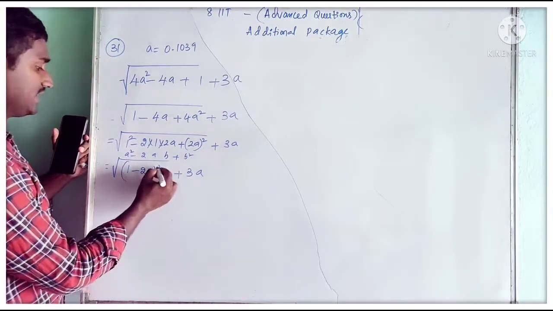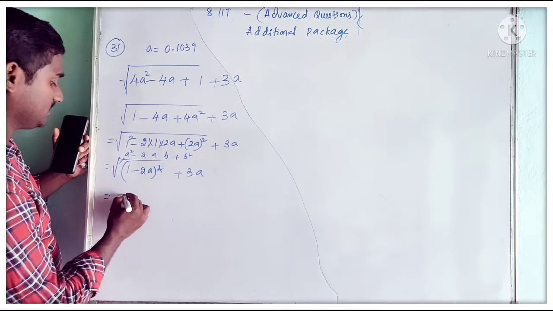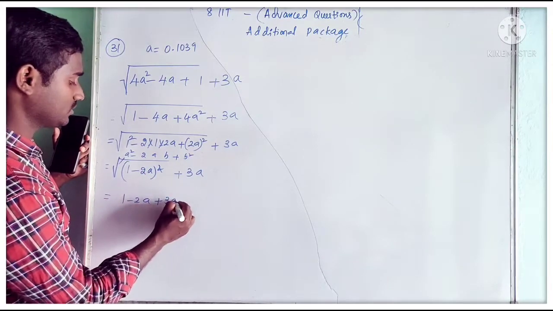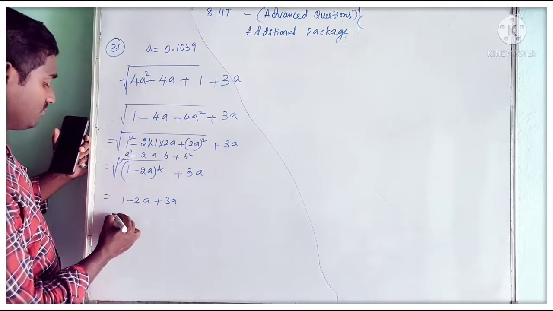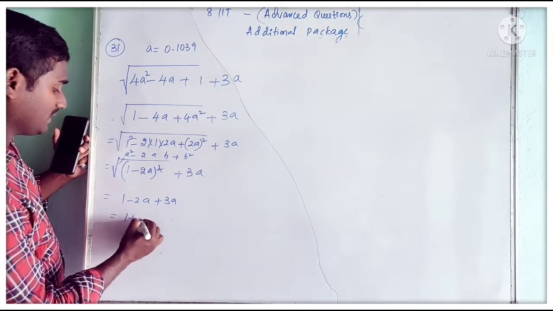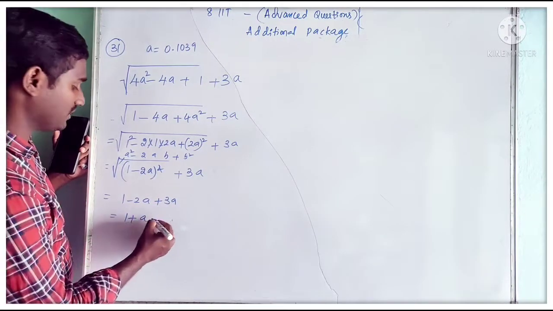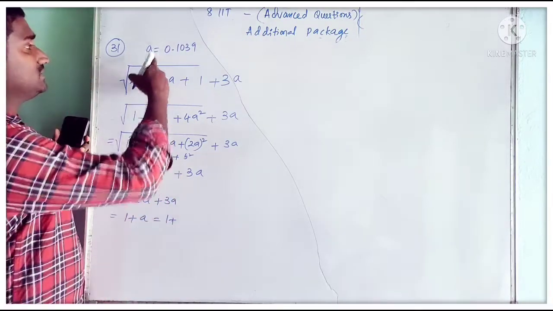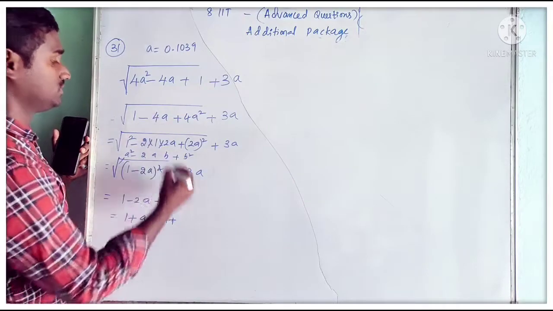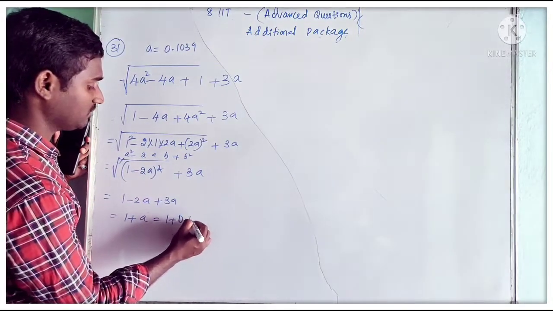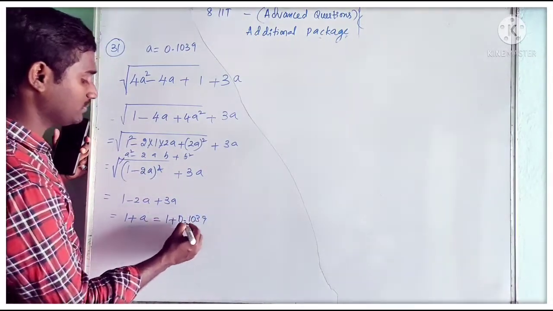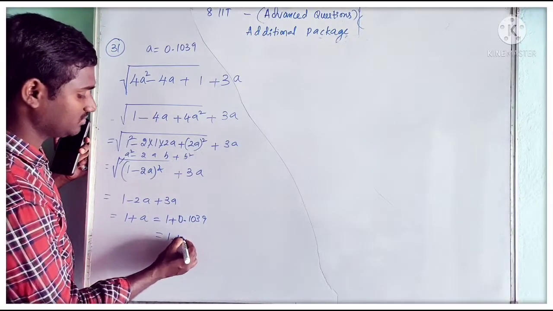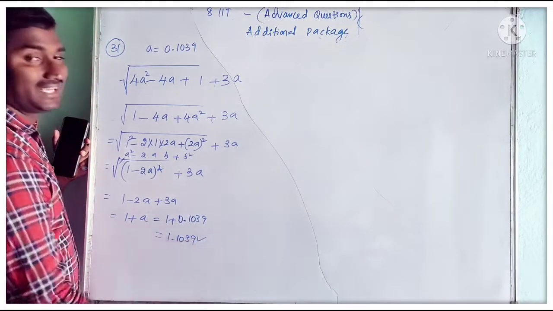So we can write the square root as 1 minus 2a plus 3a. So minus 2a plus 3a is a, so 1 plus a. Now a value is how much? 0.1039. So 1 plus 0.1039 equals 1.1039, which is the correct answer.